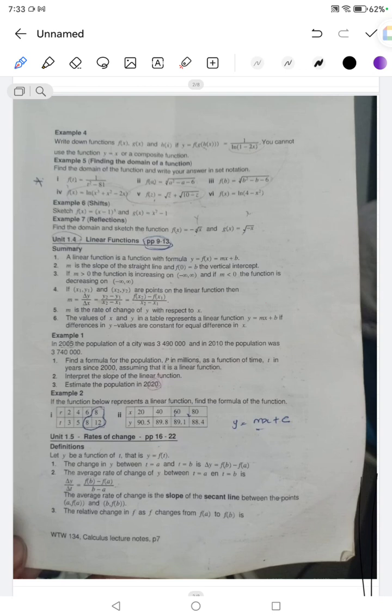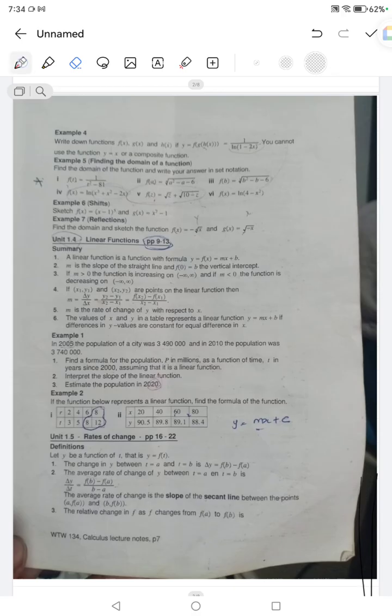Then find the formula for the population P in millions as a function of time T in years since 2000. So that 2000 is your T0. This would be your reference. Then it says, assuming that it is a linear function.